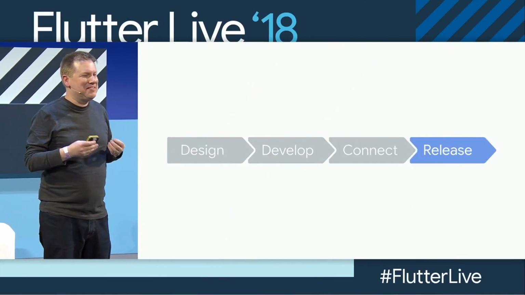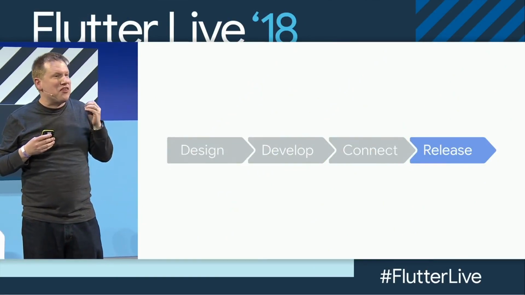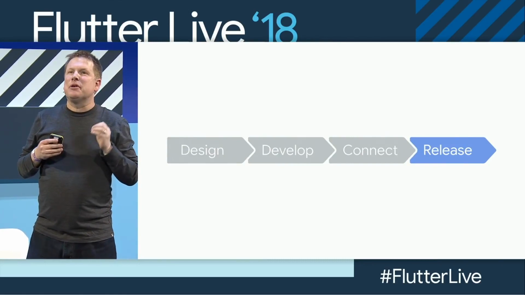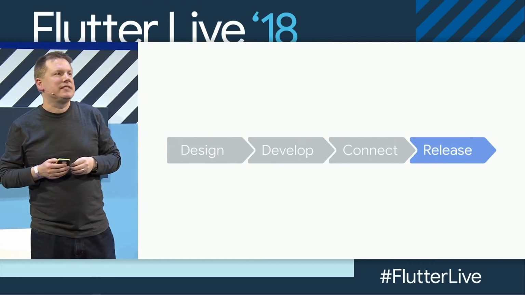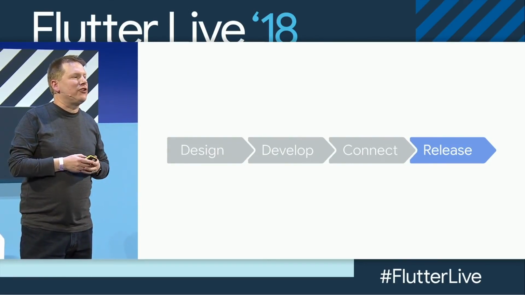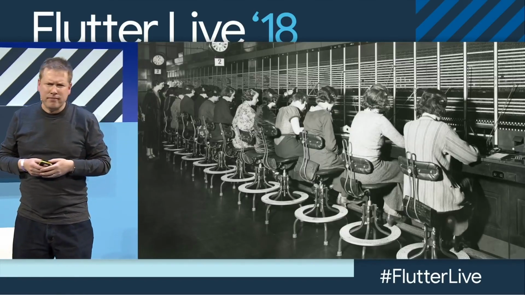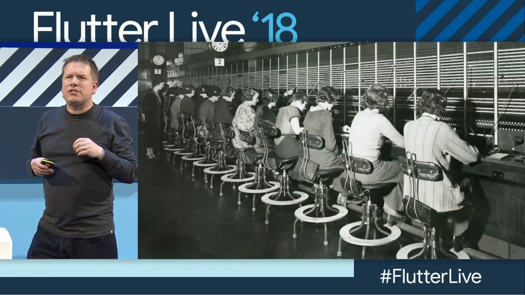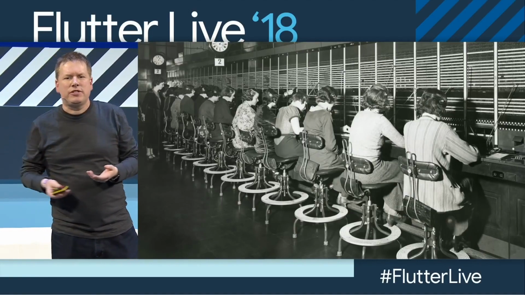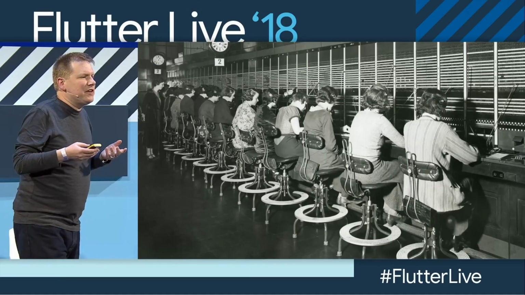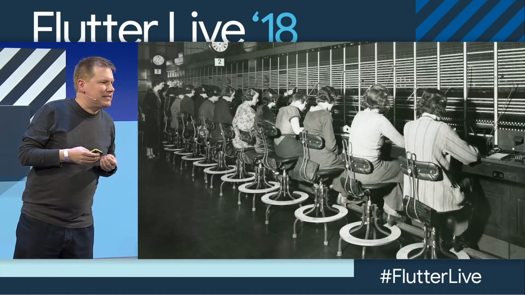So the last part of the app lifecycle we're going to talk about is release. As you've been hearing throughout the presentation, our goal is to make Flutter the most productive way to build beautiful, fast experiences for both iOS and Android from a single code base. But when it comes to continuous integration, continuous deployment, it sometimes feels like we're still a little bit stuck in the olden days.